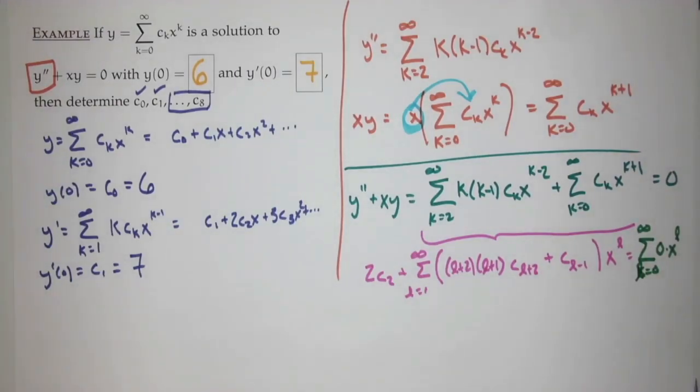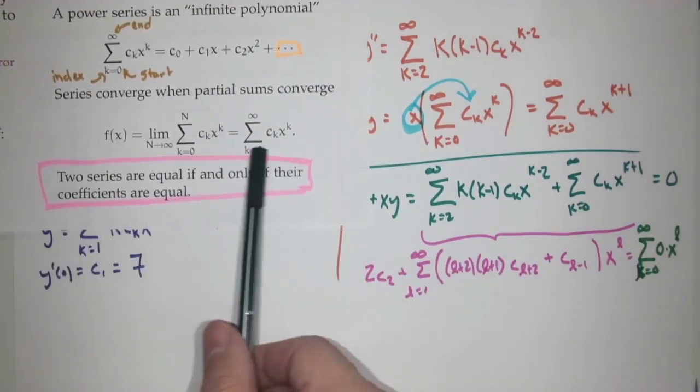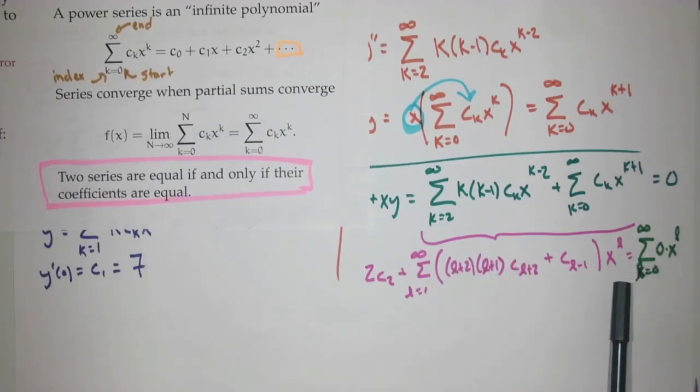Now, our great moment. There's a statement I said was really important back at the very beginning of the day. This statement right here: two series are equal if and only if their coefficients are equal. I have an equal sign.